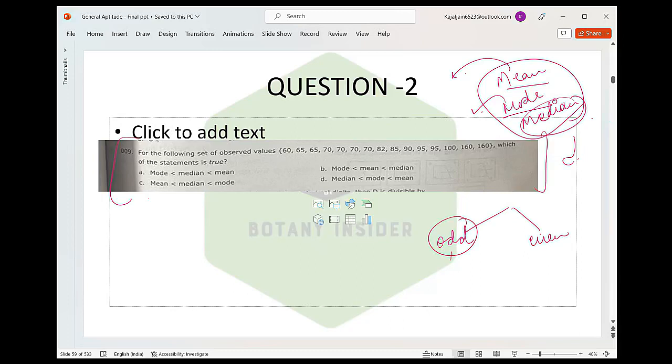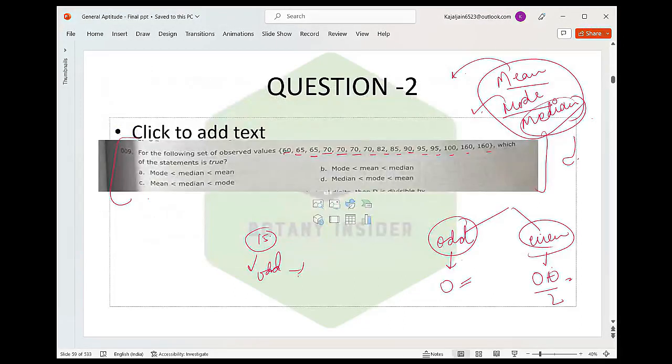If odd, the middle value is taken as median, and if even, the average of the middle two values is taken as the median. So there are 15 observations, that is, odd in number. Odd means the middle value will be taken as the median.